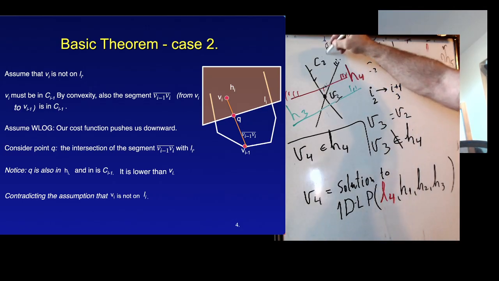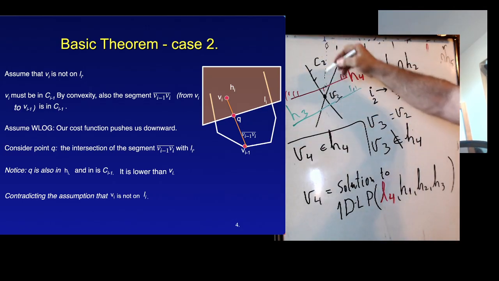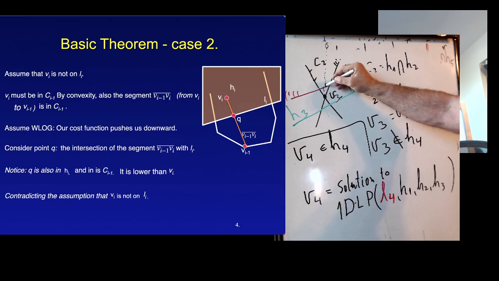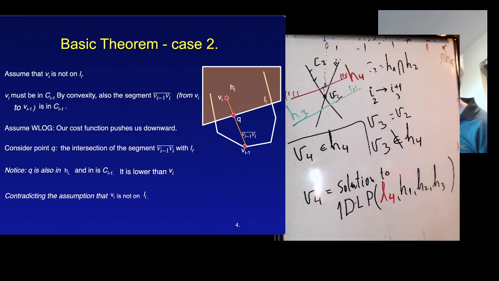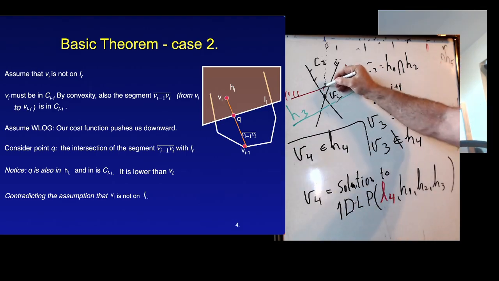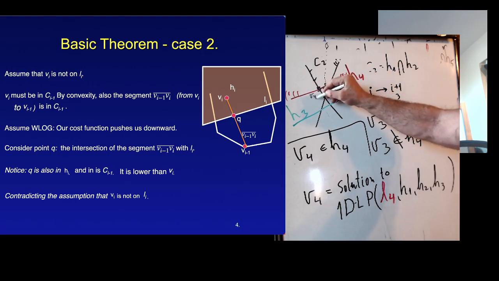You're falling from heaven down into V3. Along the way, you must hit the floor of H4. That is, you must hit L4, and that's why the new optimum solution will be on L4. Actually, this point is V4.